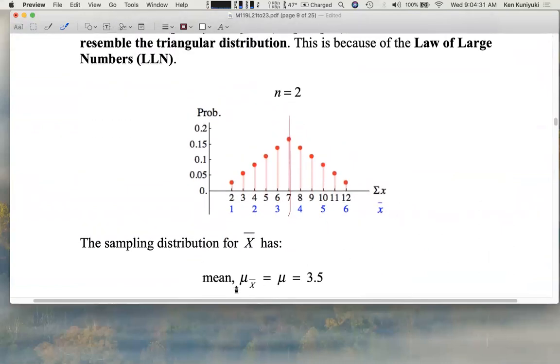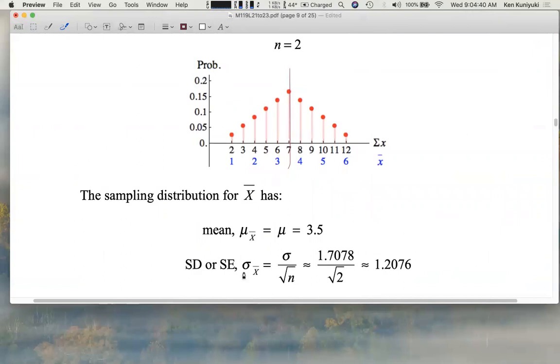So even though the mean for the x bar distribution is the same as the Big Daddy mean for the original distribution, 3.5 here, it is not true that sigma for the x bar distribution will be the same as sigma before. Now, the standard deviation of the x bar distribution, the distribution of sample means, that's called the standard error.